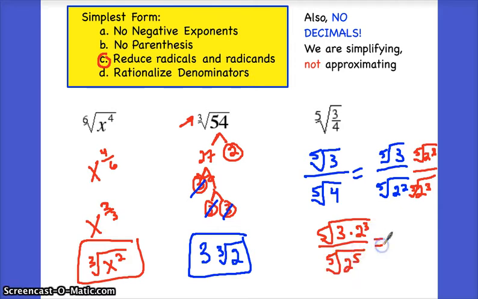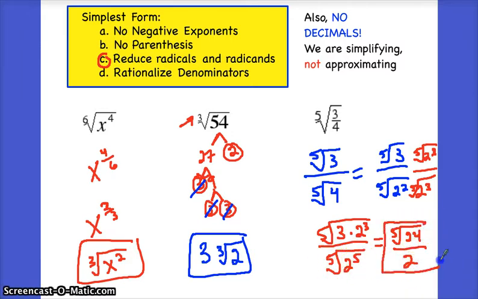Well, there's no sets of 5 on the top, and remember that when we're simplifying, no decimals. Do not go trying to find any of these numbers. If they don't come out to a nice number, we're not going to mess with them. But 2 to the third is 8 times 3 is 24. So the fifth root of 24 in the numerator is a perfectly fine expression. On the bottom of my fraction, notice, fifth root, fifth power, that just becomes a 2.